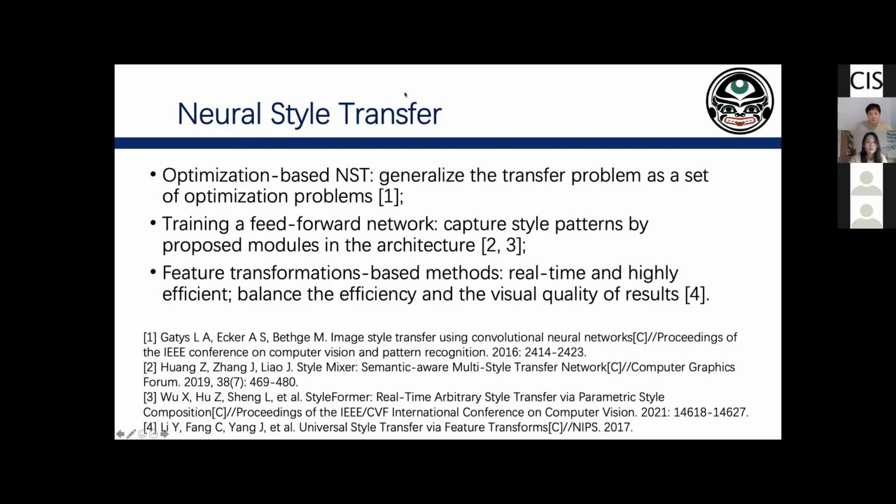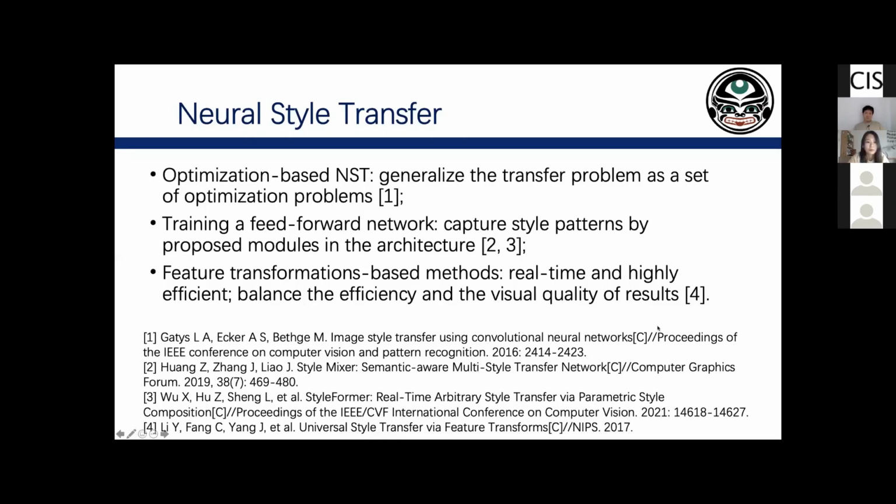The second method is to train a feed-forward network. This kind of architecture is usually designed to capture diversified style patterns and, in the meantime, preserve coherent content structures. Many feed-forward architectures can transfer arbitrary styles to the content image, but they still require training before application, which is also time-consuming.